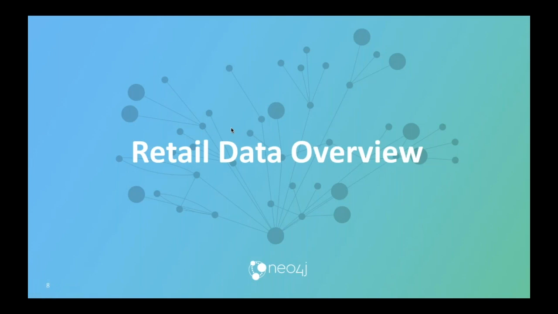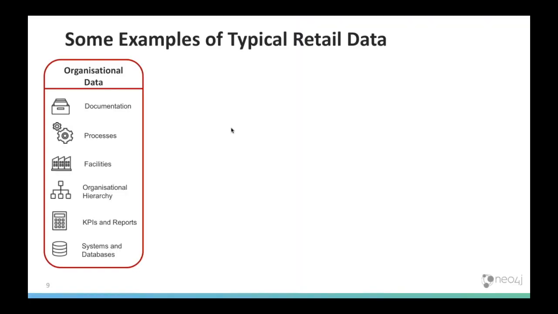Okay, so we'll take a look now at an overview of the types of data that a retail company might have so that we can talk about how we can build graphs from that data to drive different use cases. So first, we have organizational data. So this is data about your company, documentation you may have internally, processes you may have internally, information about your facilities.